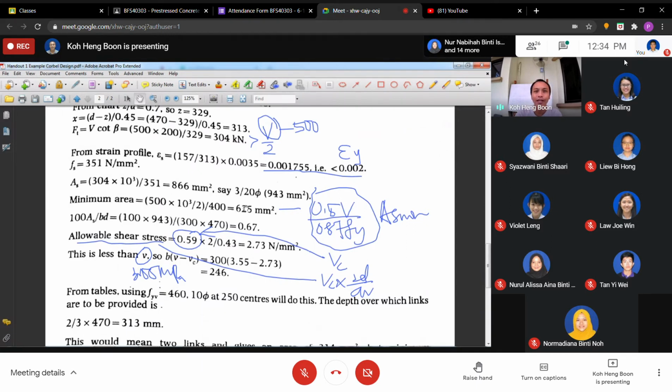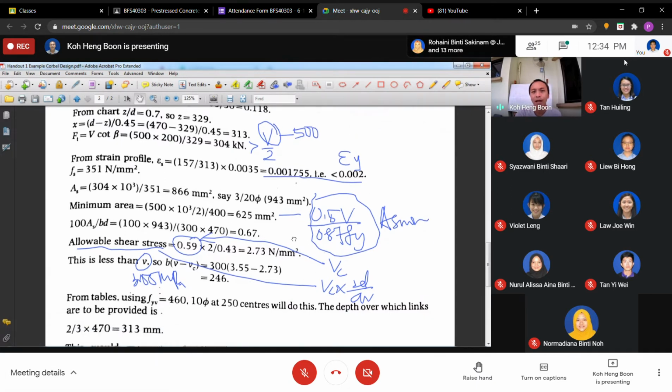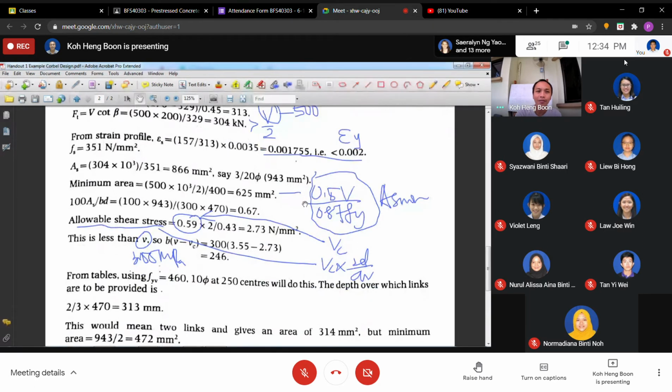We know that the V here is less than V over 2, so when you apply here, you just directly use V over 2 to calculate. But like this also can, no problem.